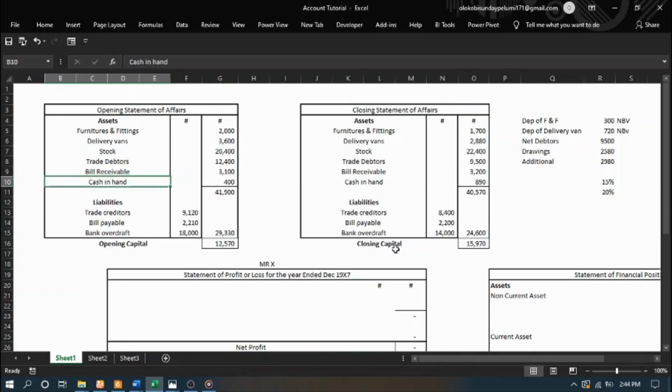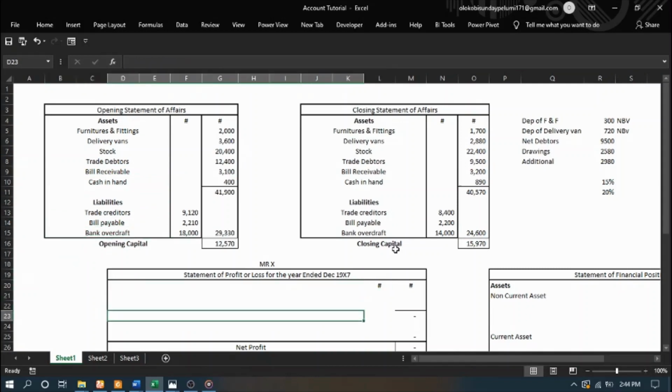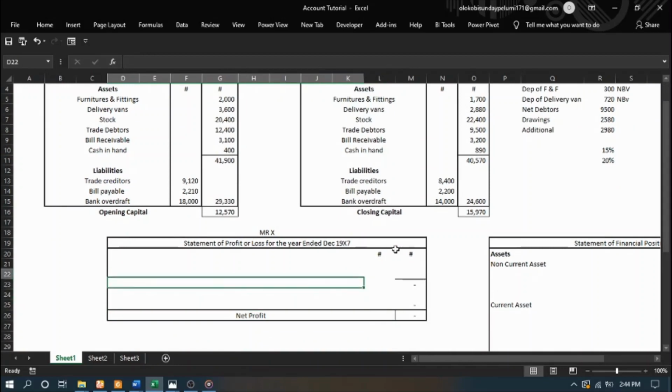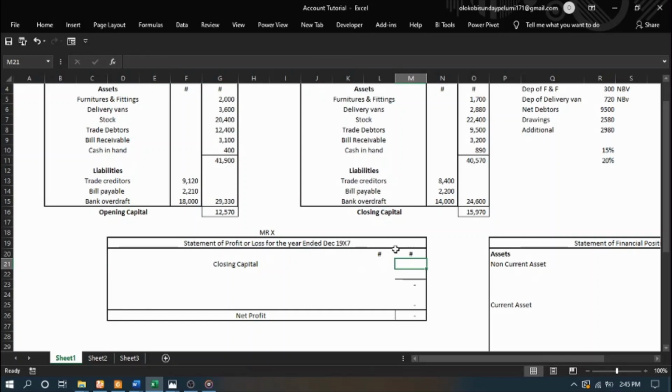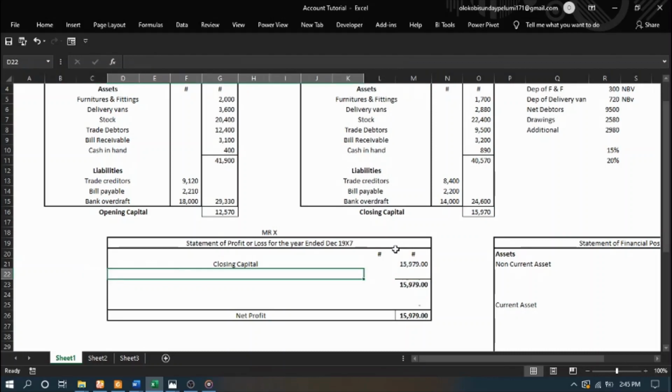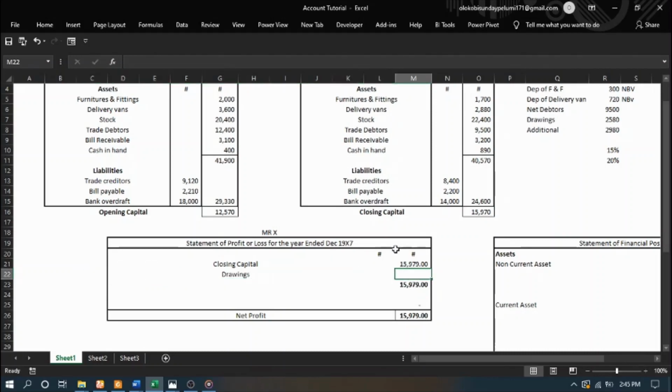Now we can determine our profit. So this is the statement of profit we have to prepare. To prepare that, applying the formula, we know that it will be the closing capital, and that is 15,970. So we have drawings during the period. So what is this total drawing?